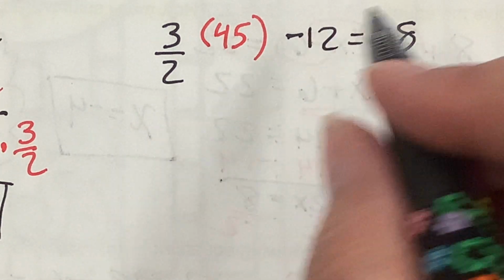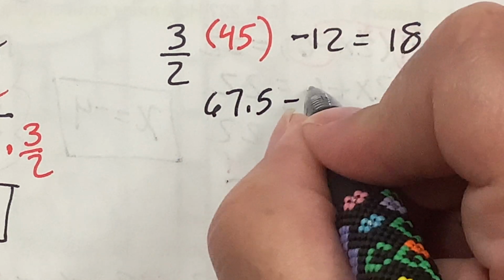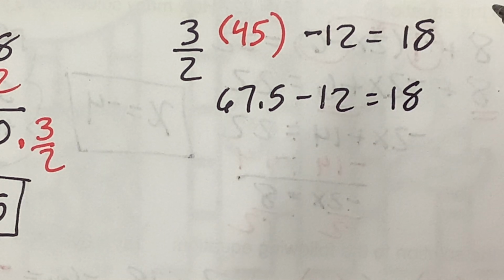Oh, 67.5, okay. Here we go, 67.5 minus 12 equals 18. Hey Siri, what is 67.5 minus 12? Siri, you demons, you're not going to tell me? Ugh, I hate when she gives me websites to check.